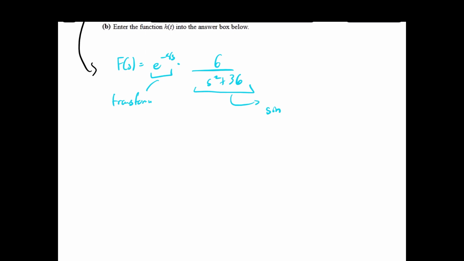So what I'll get is sine, but I need to apply that transform. I'll get sine of 6t, but I have to consider the transform of negative 4, so I have sine of 6t minus 4.